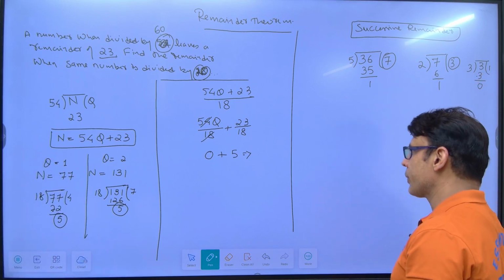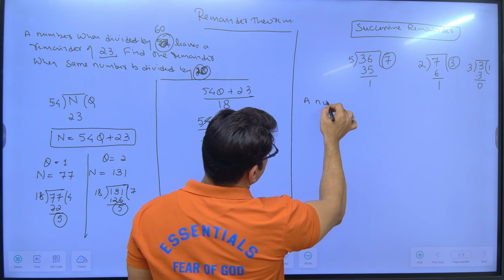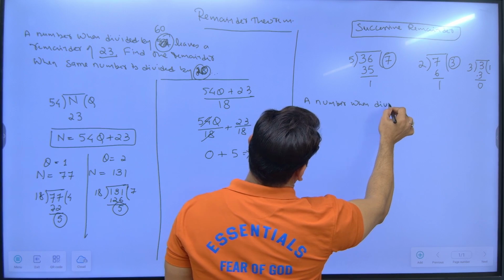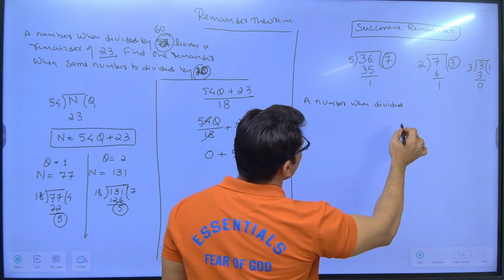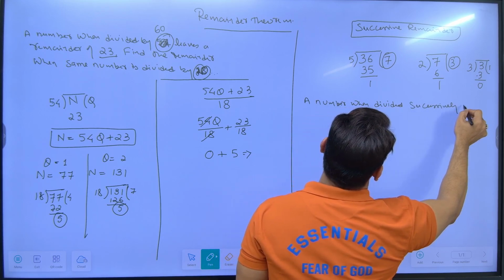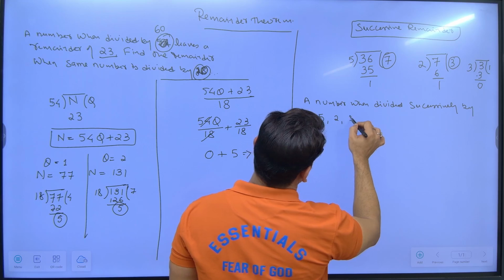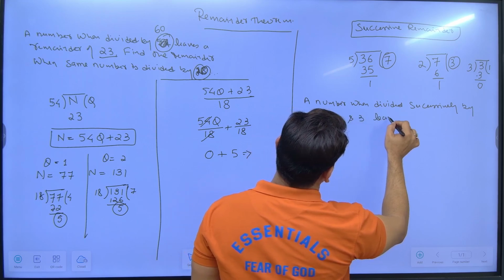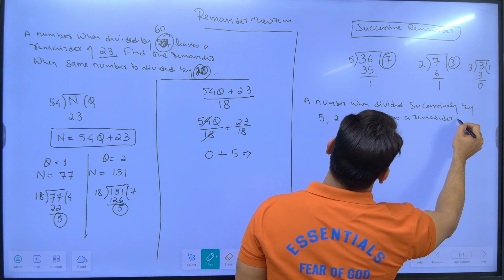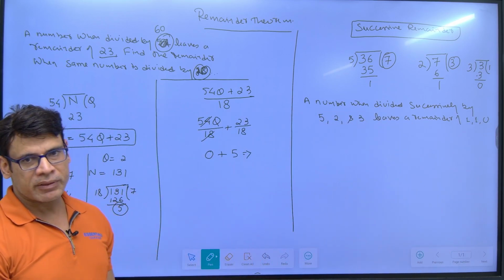How will the question be framed in such cases? A number when divided successively by 5, 2 and 3 leaves a remainder of 1, 1 and 0 respectively.